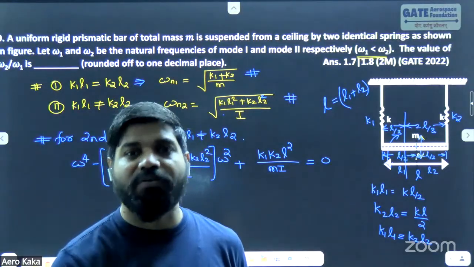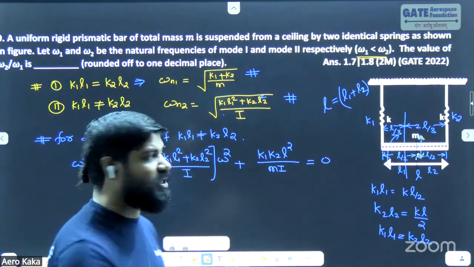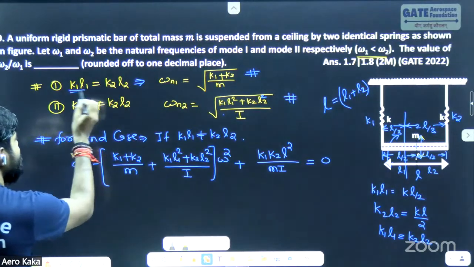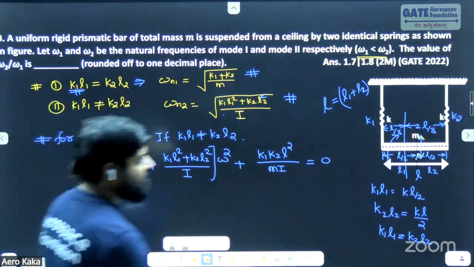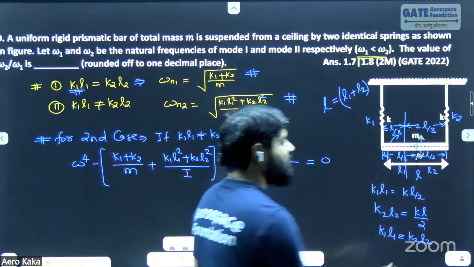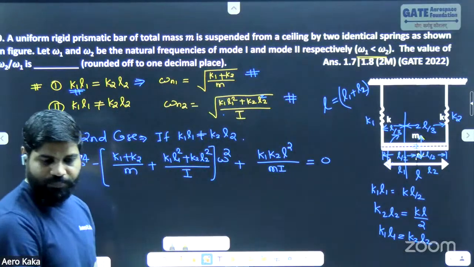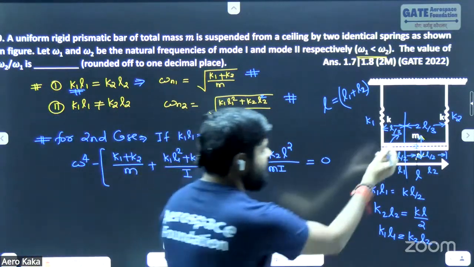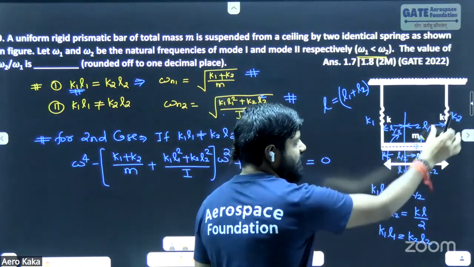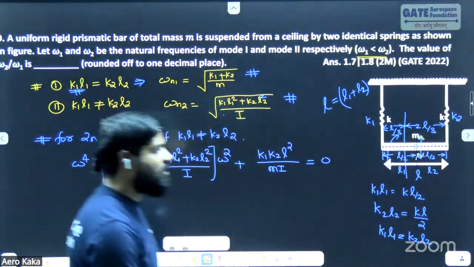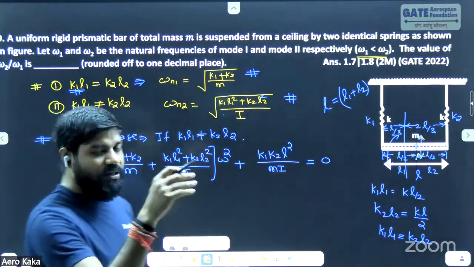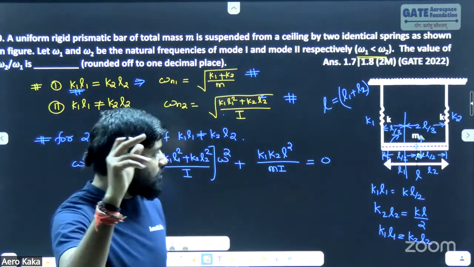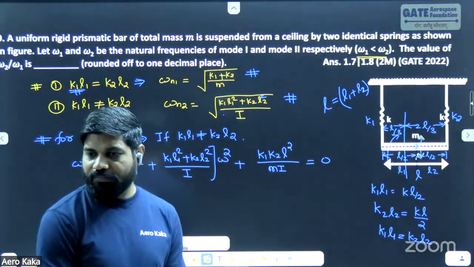Are they going to be same or different? It is having different frequencies. Why? Because it will not satisfy which case? K1 L1 is equal to K2 L2. In that case, the midpoint is the center of gravity. But when the CG lies at L/3 from this end and 2L/3 from this end, definitely KL/3 is not equal to 2KL/3.